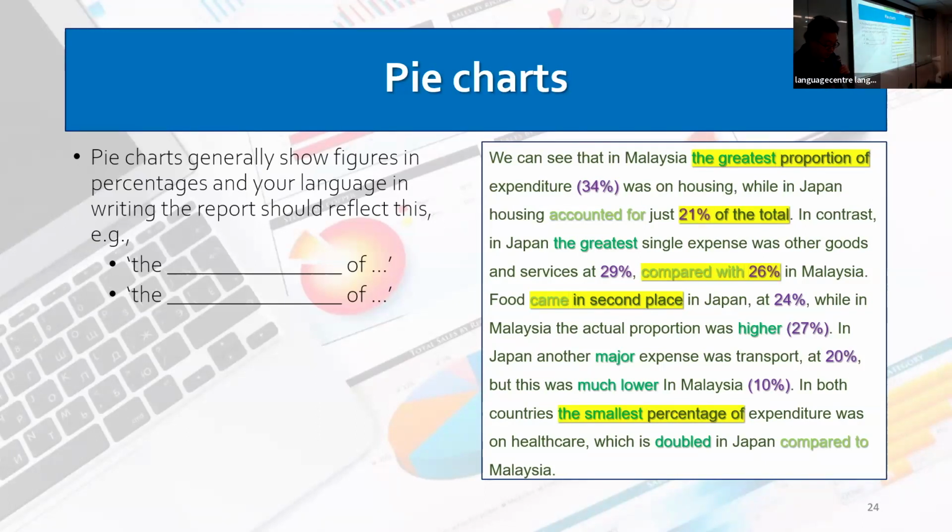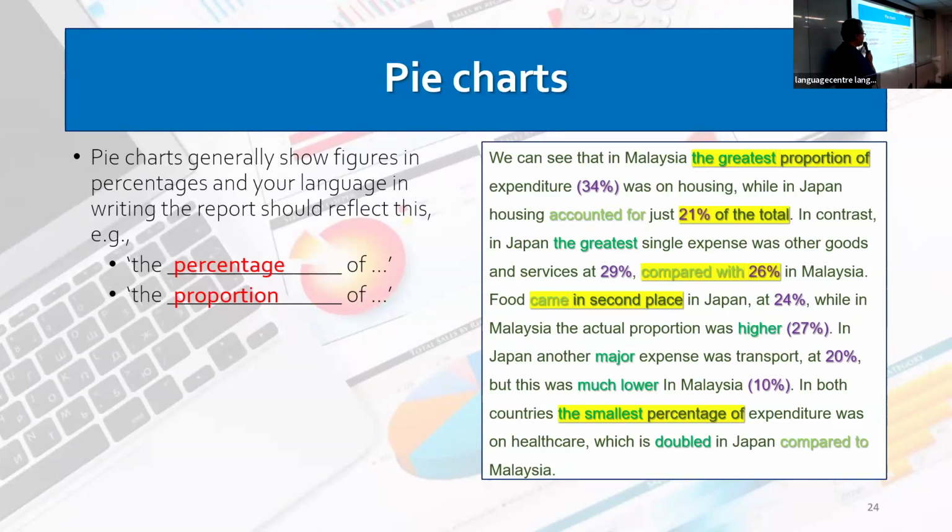The words highlighted in yellow are examples to show you how we can apply these two phrases in a sample paragraph. Like the greatest proportion of expenditure, or, look at the bottom, the smallest percentage of something.